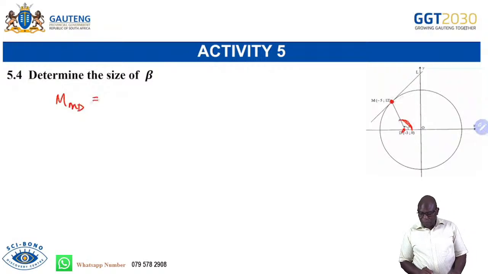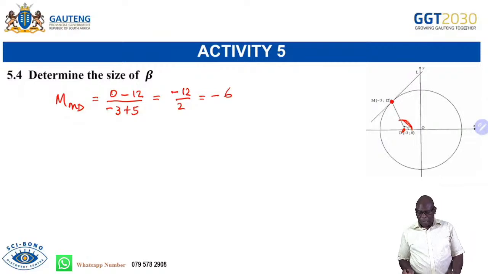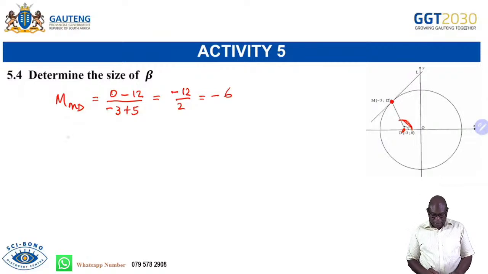The gradient of MD will be 0 minus 12 divided by -3 plus 5. That gradient will give us -6, if I'm not mistaken, because it's -12 over 2, which is -6.